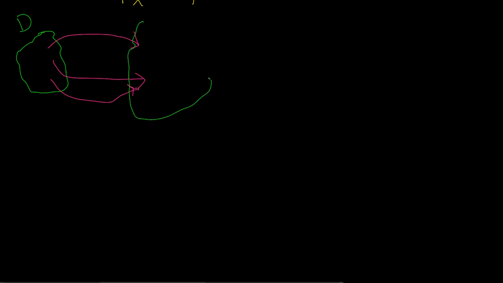So if I go to my domain maps, and I'll say this is some domain D, and my function maps values from domain D into a place called the range.